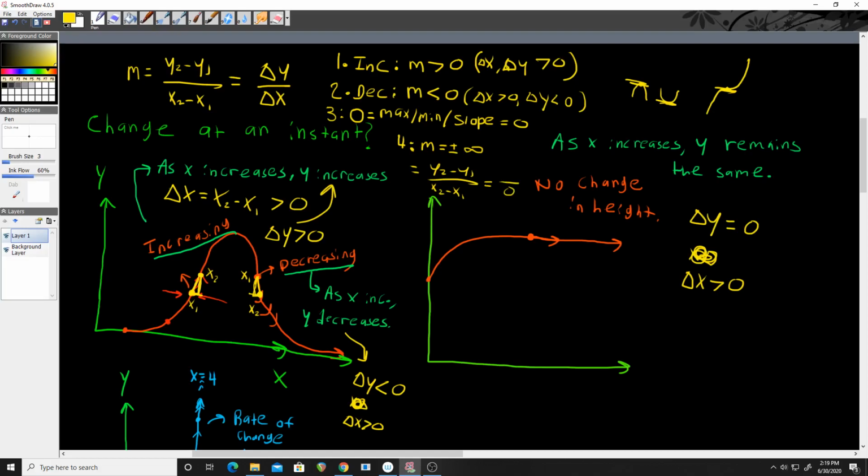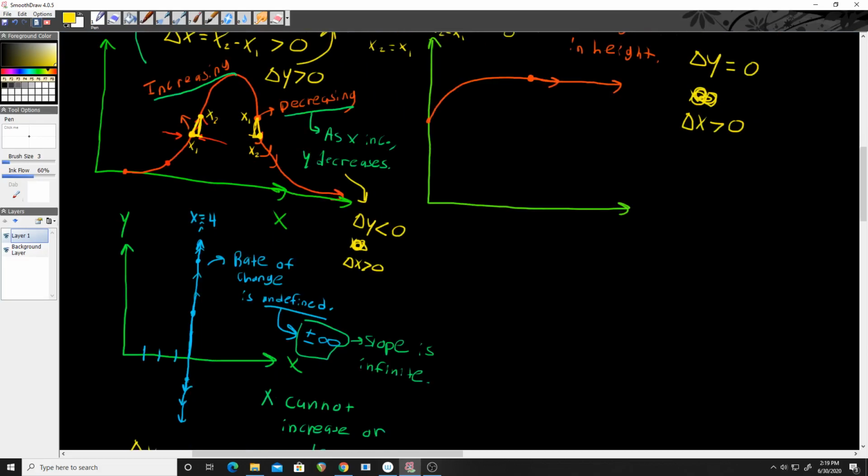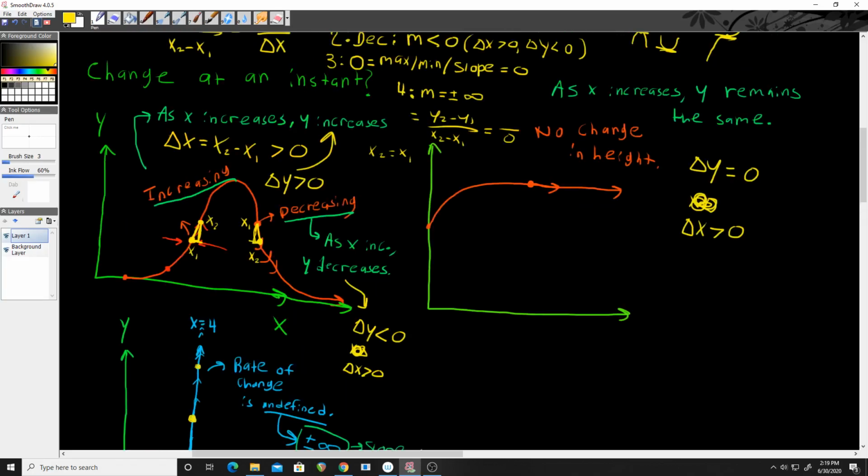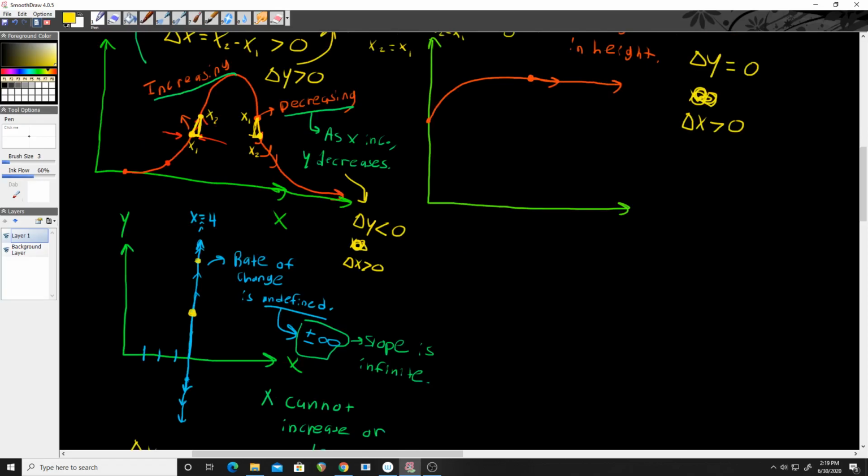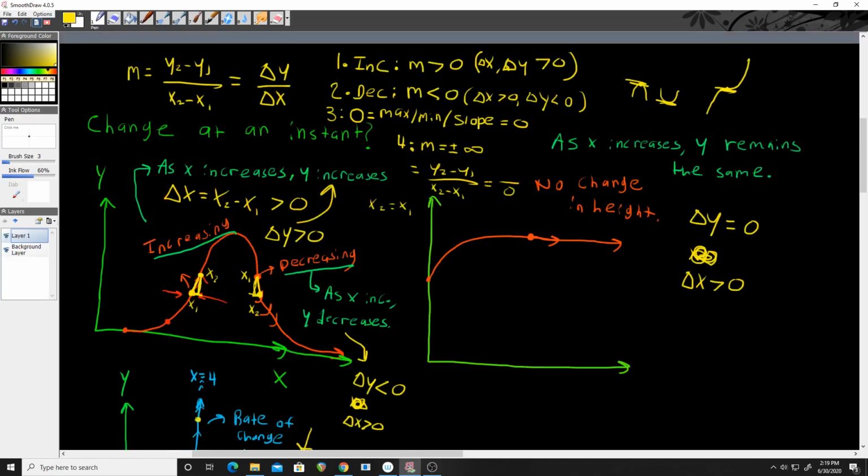In other words, if x2 and x1 are the same, down here, these 2 points, this point and this point, the x values are the same. When I plug that into my slope, I get 0 in the bottom, and we know 0 in the bottom is undefined. And y2 minus y1 can be any number in the world. So we get some number over 0, and that's plus or minus infinity.